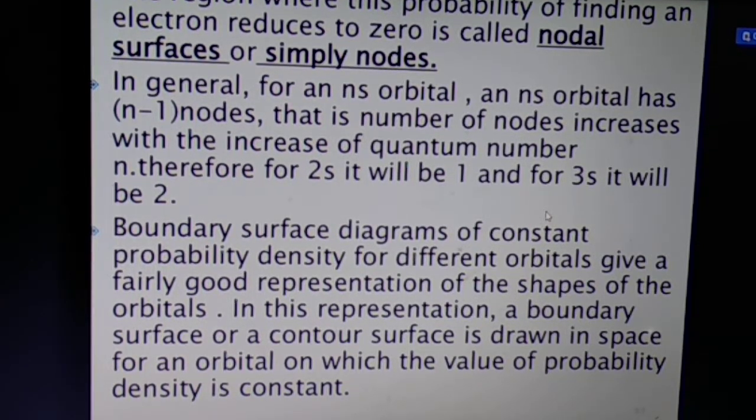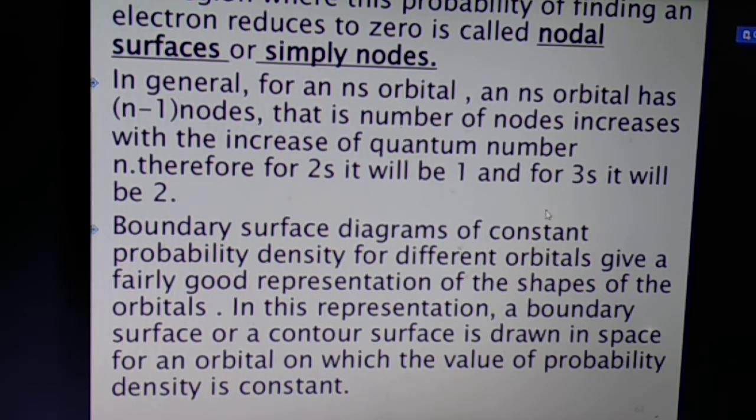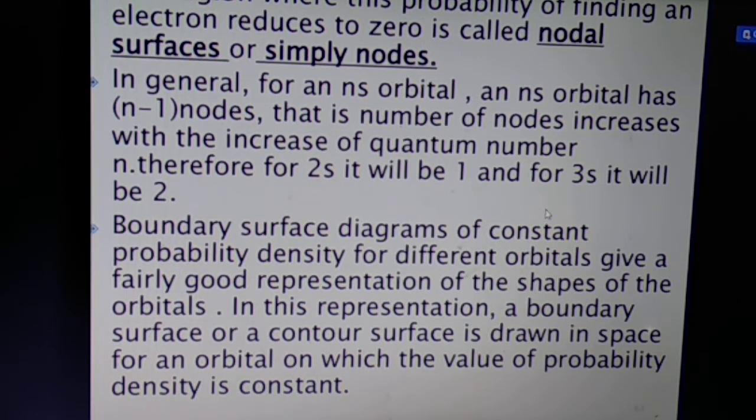This question is important in the exam. The surface where the probability of finding an electron reduces to 0 is called the nodal surface or simply nodes. My dear children, note down this question in your notebook because frequently this question comes in the exam. What is a nodal surface or simply nodes?